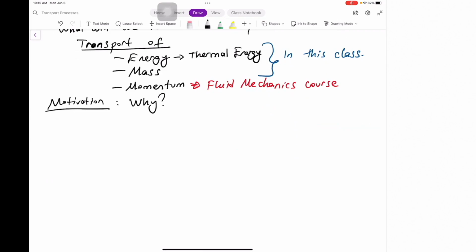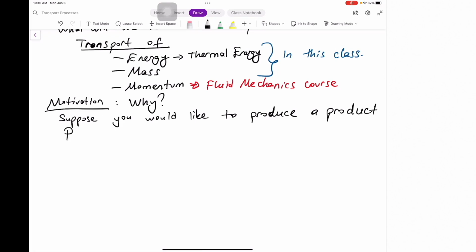Now, suppose you would like to produce a product P. Imagine you are given a reaction, A goes to P. Your reactants are going to products.